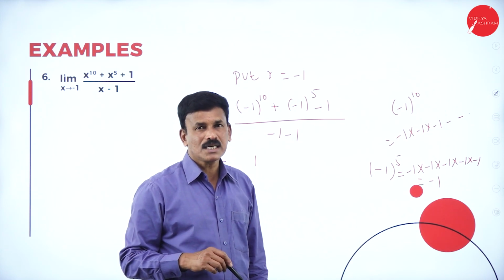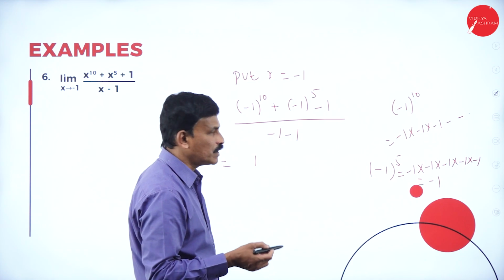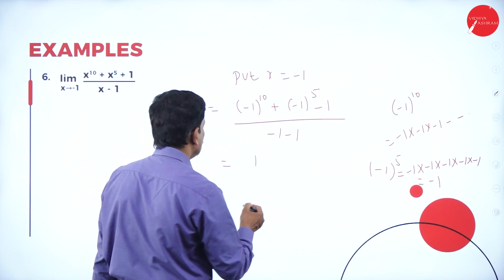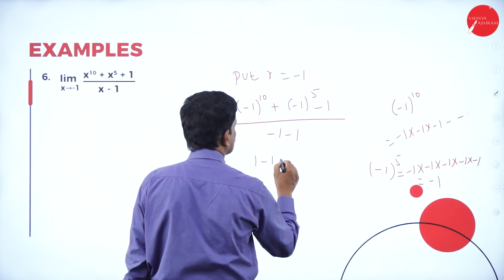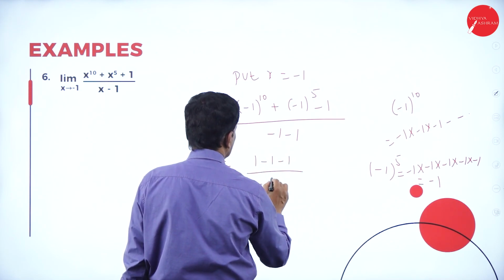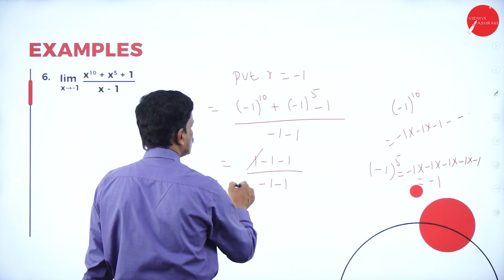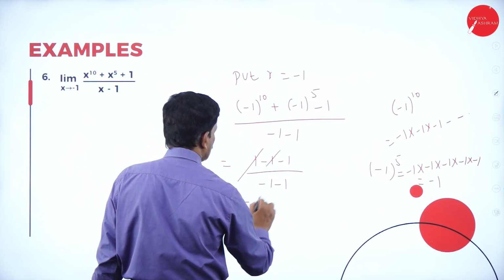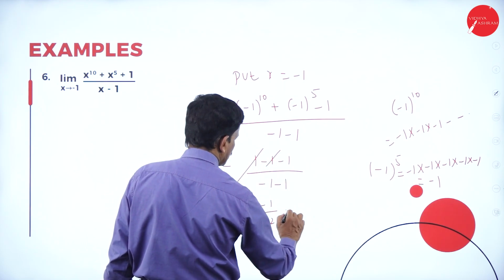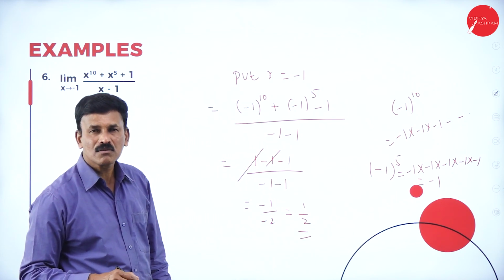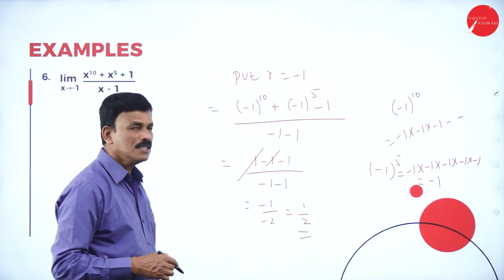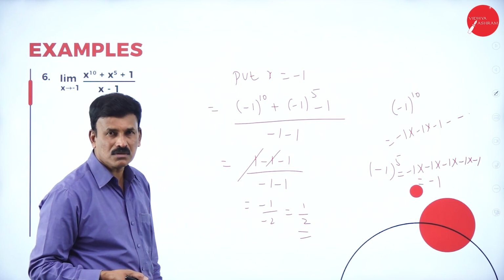If you multiply 10 times, you will get positive, depending upon the odd and even powers. Now this is plus 1, this becomes minus 1 divided by minus 1 minus 1. Now this minus 1 plus 1 gets cancelled, minus 1 divided by minus 2, this is equal to 1 by 2. So the simplified answer is 1 by 2.